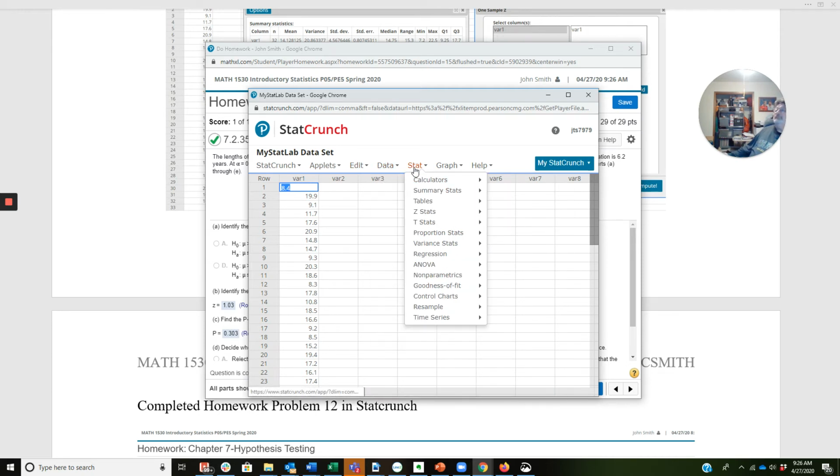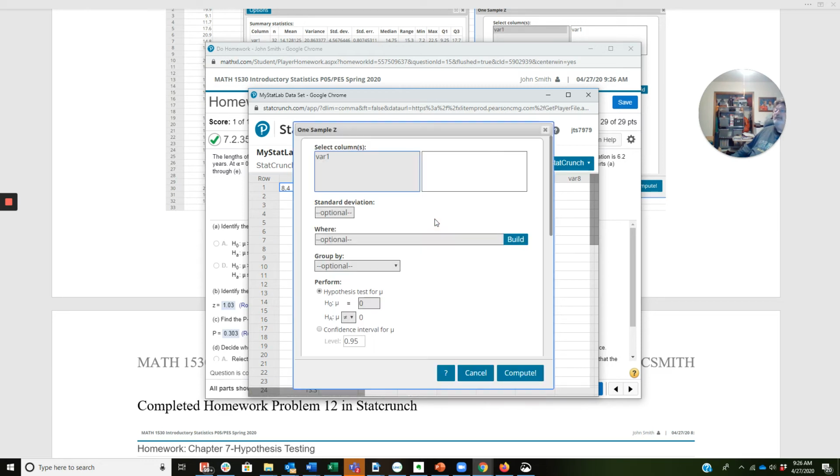So I'm going to go to Stat, Z stats, one sample, but this time the choice is with data. Remember, last problem was with summary. So with data, the data is in column 1. Remember, my mean equals 13, my mean is not equal to 13, and my standard deviation is 6.2.